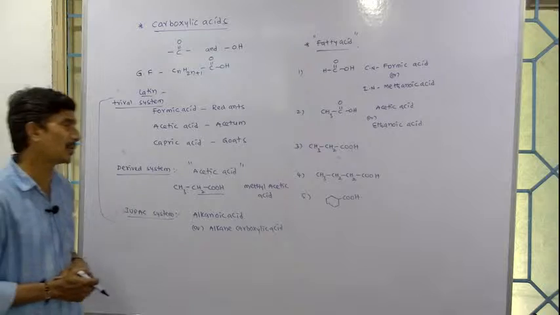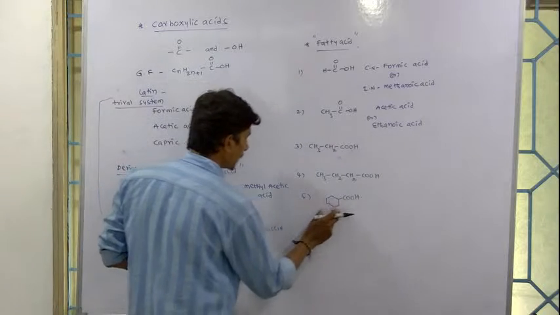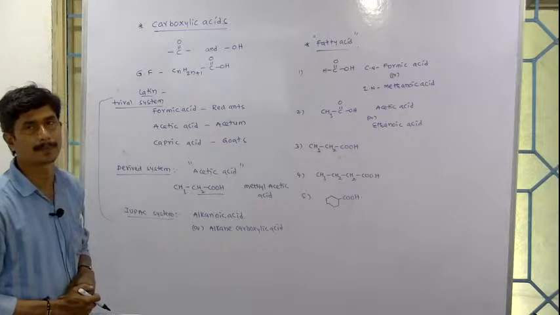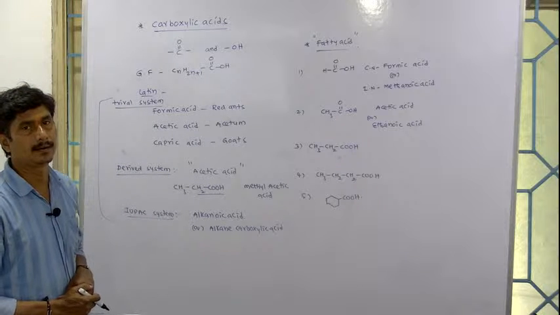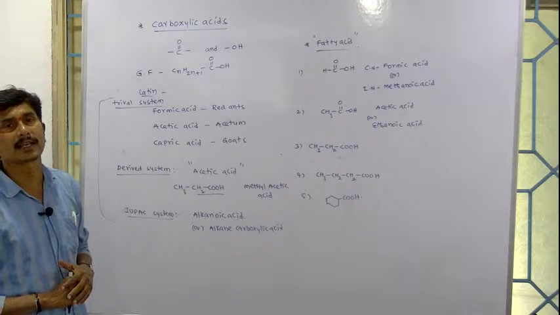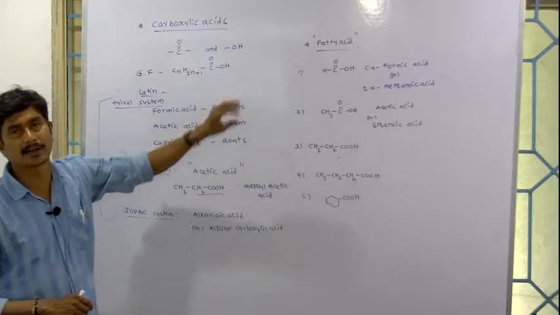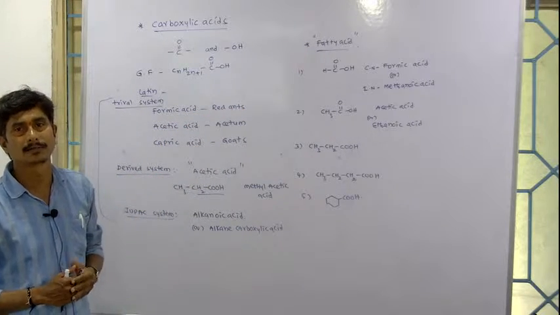In case the carboxylic acid is not present in the main chain, then it is named as the alkane carboxylic acid. Aliphatic carboxylic acids are known as the fatty acids because these are obtained by the hydrolysis of oils or fats.